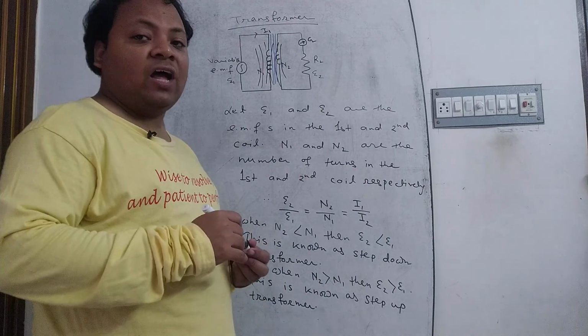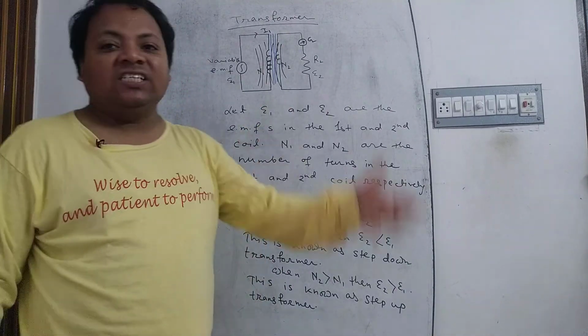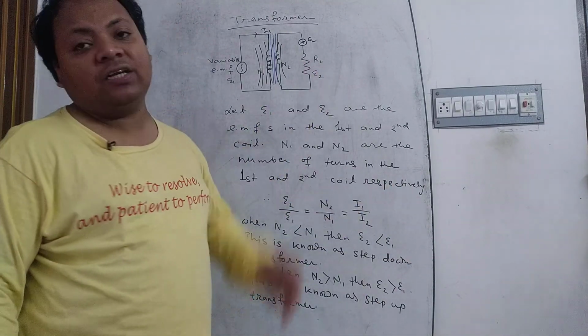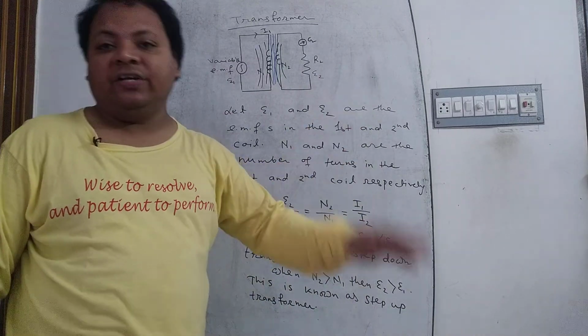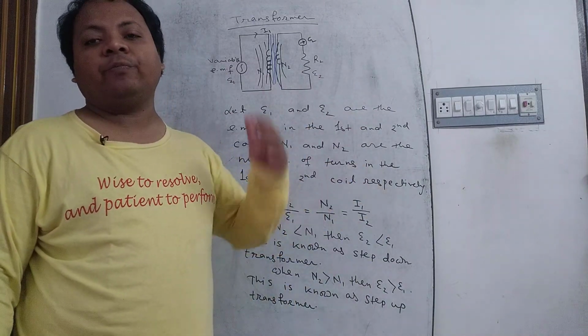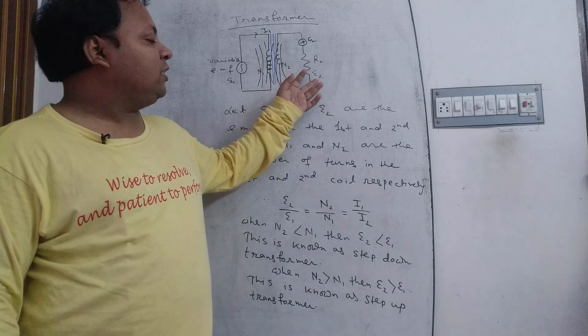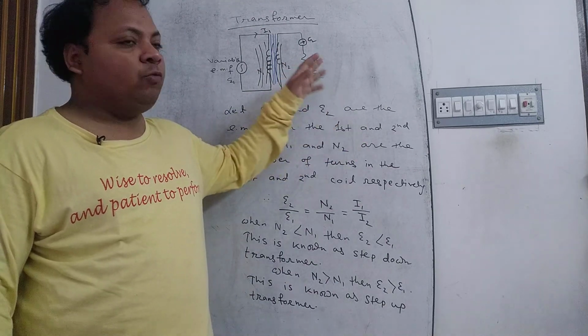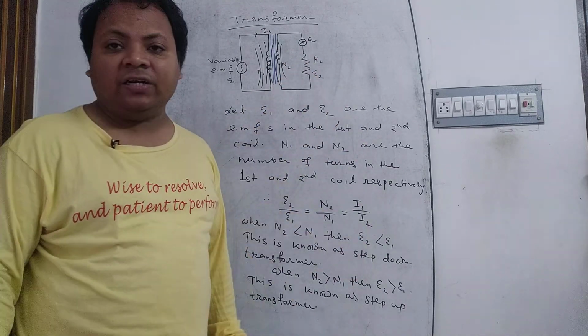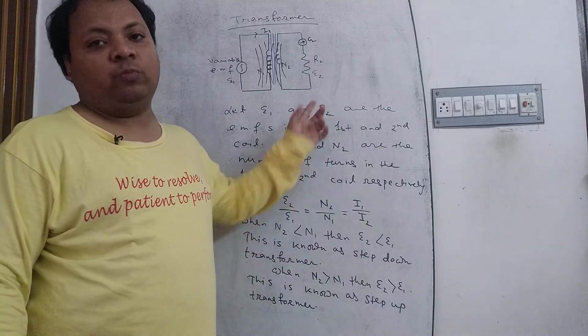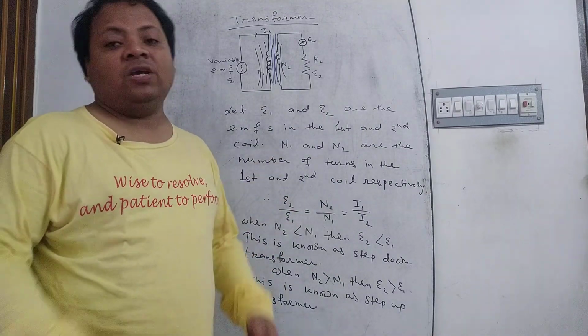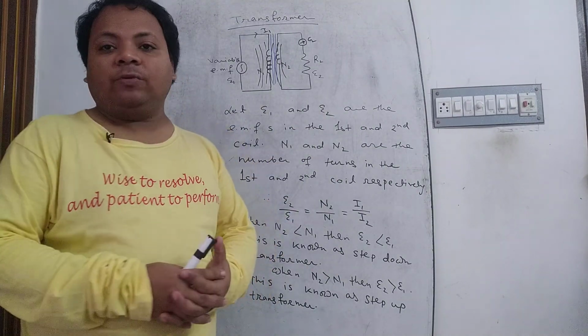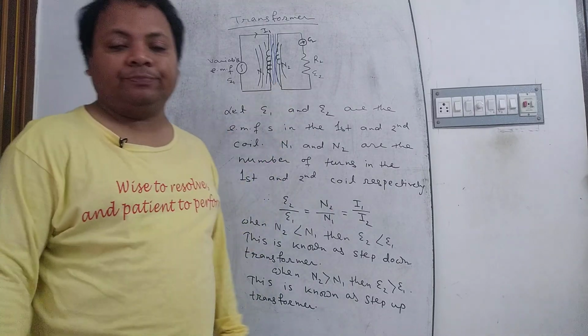That means when the voltage increases in the output circuit, the current decreases, and when the voltage is reduced in the output circuit, the current increases. This is the working principle of a transformer.